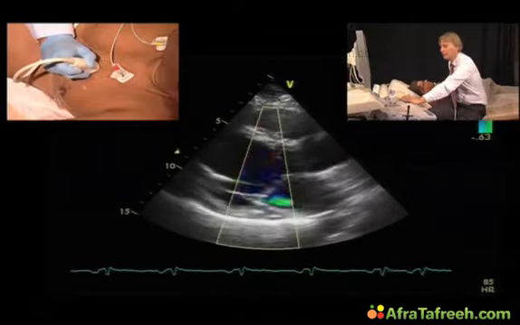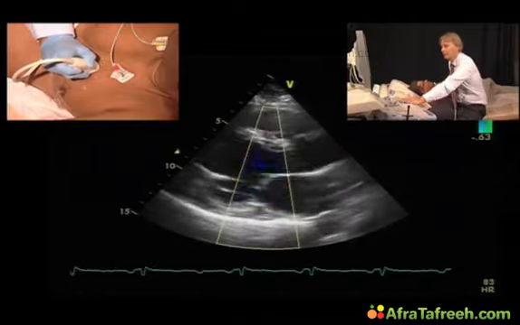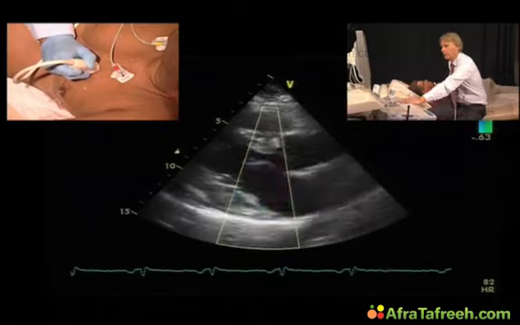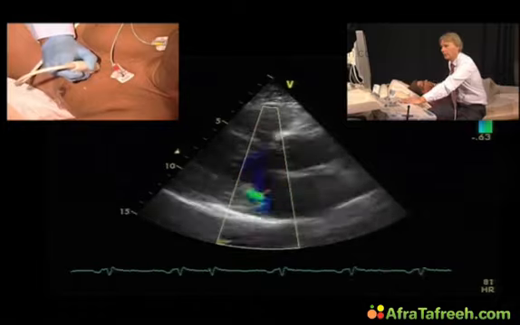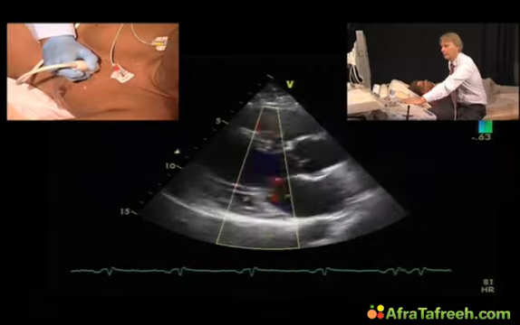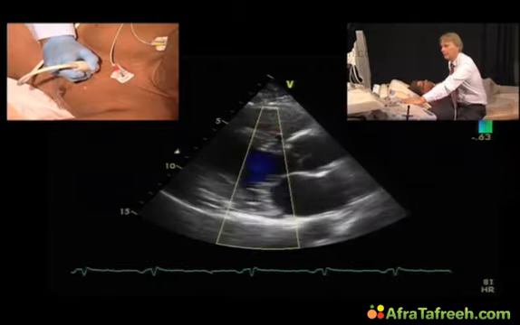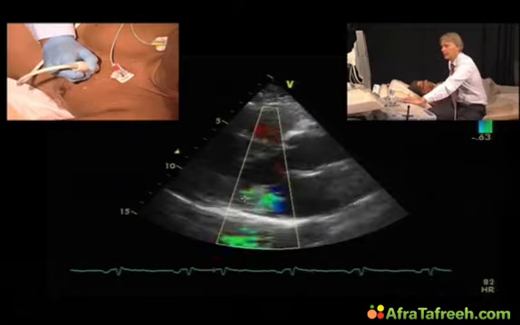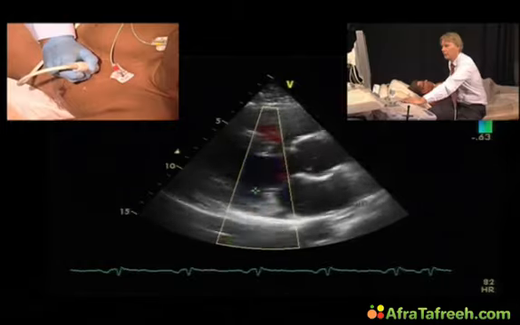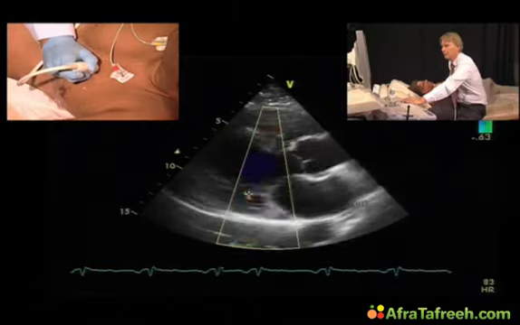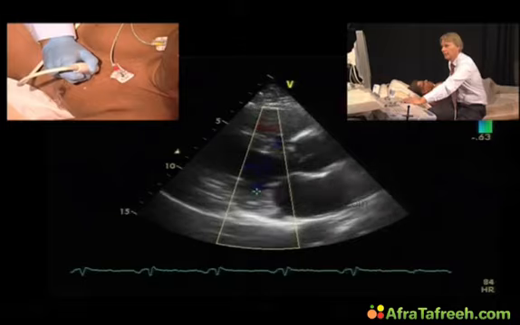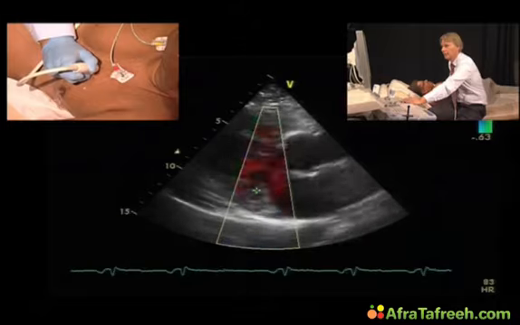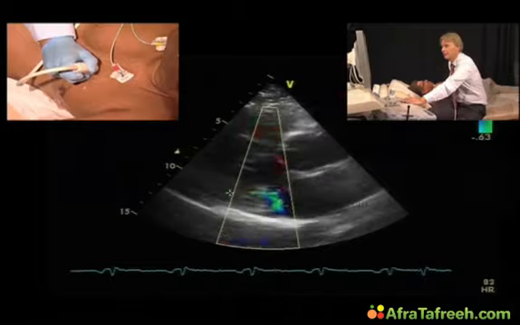But what I would now do is tilt the transducer towards posterior, and while I do so, I will try to image the proximal portions of the jet, so the origins of the jet. You can see I can still see the regurgitant jet here, even in the posterior medial regions of the mitral valve.